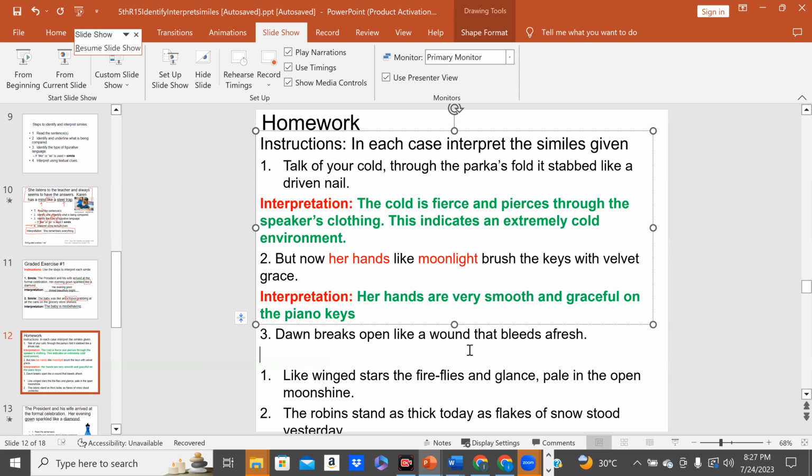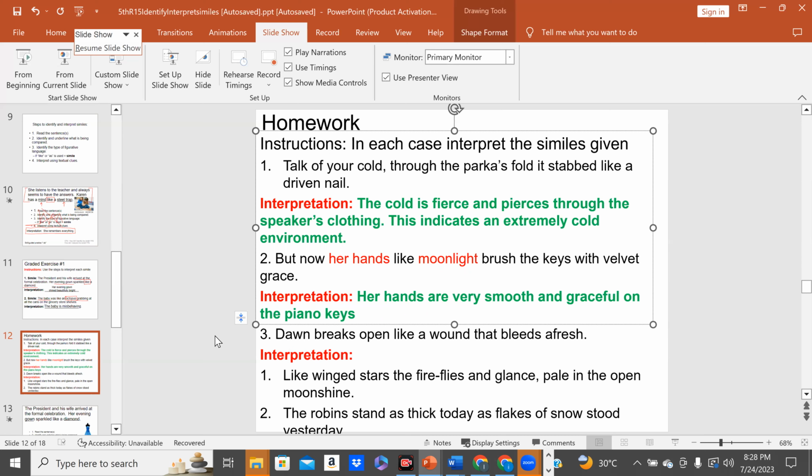Oh my goodness, the writing is exceptional. This is excellent writing, man. Dawn breaks open like a wound that bleeds afresh. Wow, that is awesome. Okay, so the interpretation, what are they saying?